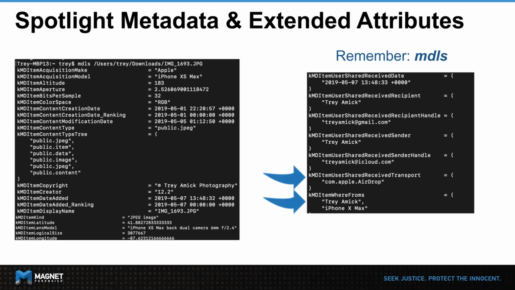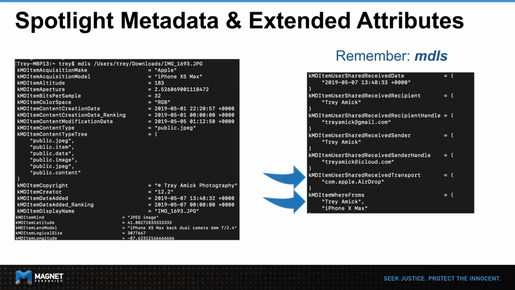Whether you're working CSAM cases or maybe data exfil, you're going to be able to coordinate and show how data is being moved around these systems. We also, as you can see here, have shared received transport, com.apple.airdrop. So it used the AirDrop service to move this file from the iPhone to the computer. So great information for us to start connecting these dots back to.